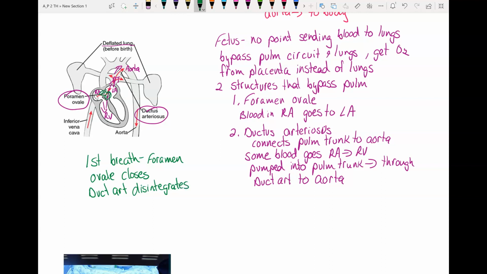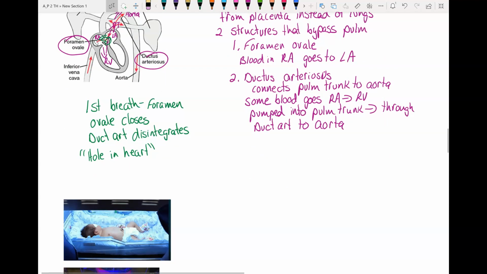Every now and then you hear about a baby with a hole in the heart. That usually means that the foramen ovale didn't close. And doctors can tell, they can hear the sound of the way the blood flows when that didn't close.